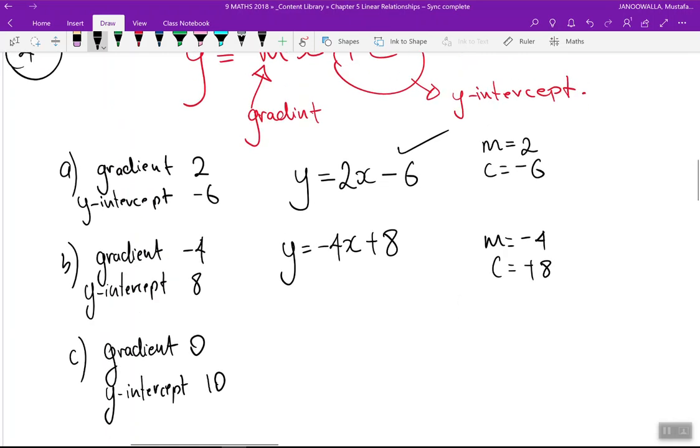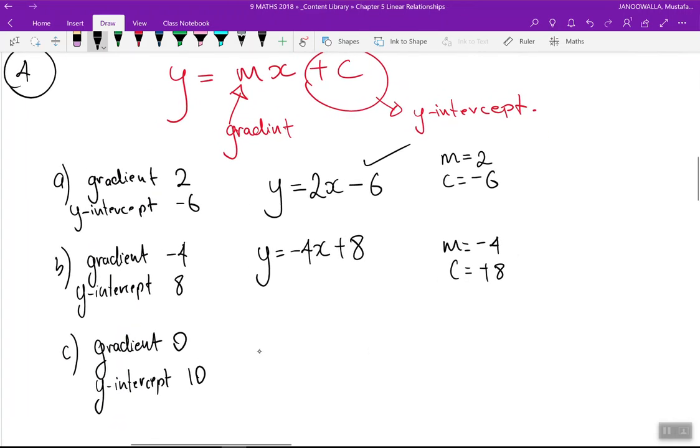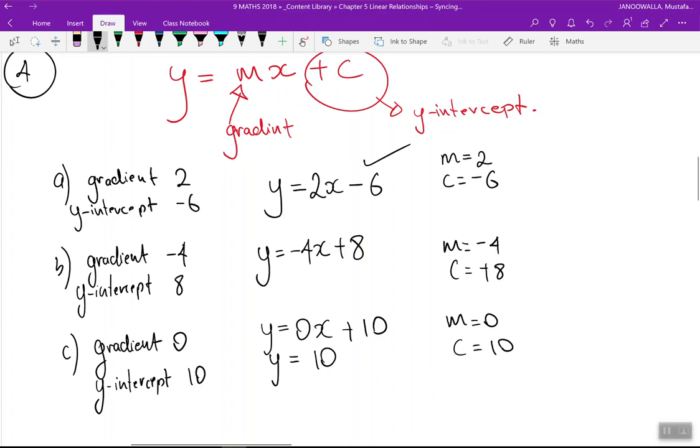Through y equals mx plus c, y is 0 times x plus 10. 0 times x is 0. So y equals 10. That's just the equation, y equals 10, because my gradient was 0 and my y-intercept was 10. Any questions with that one? I expect no one to get this wrong in the exam.